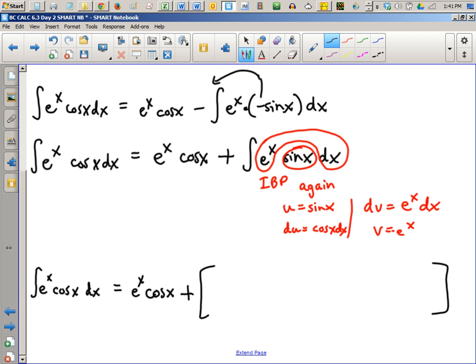Big space for that. So uv, this is just e to the x times sine x, minus integral of v du. I got e to the x, I can't write. There we go, e to the x.